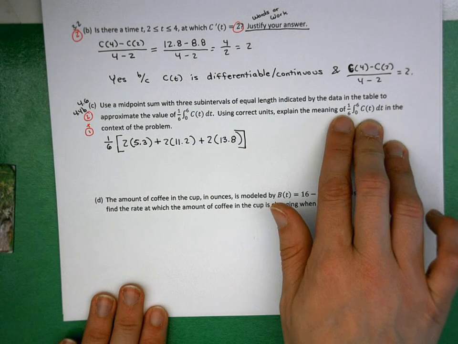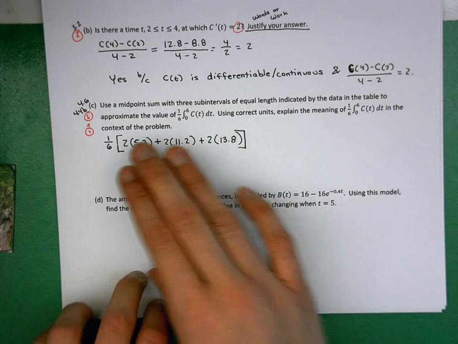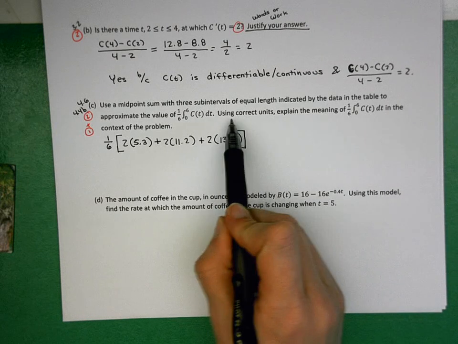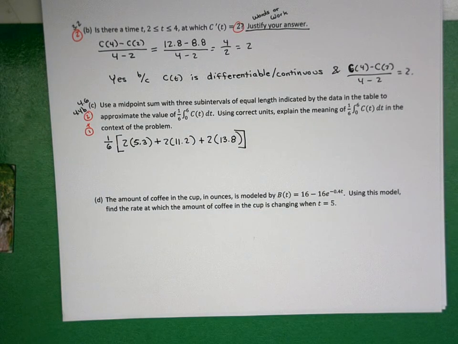And so when it comes to explaining meanings, there's lots of ways of doing this. First rule of thumb, make sure that any time intervals, or especially for one that specifies units, make sure any time intervals and units are part of your explanation. And so in this case, my time intervals are going to be 0 to 6.